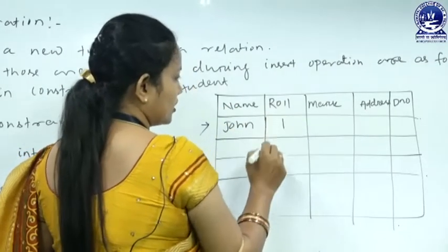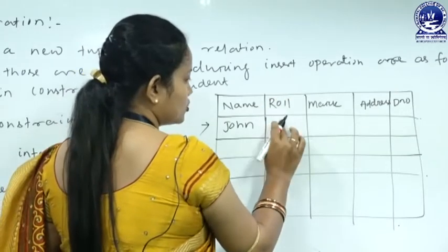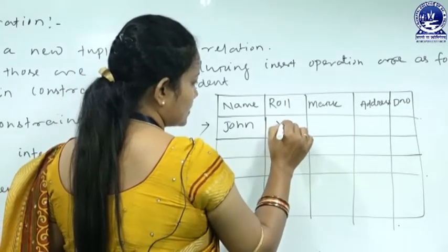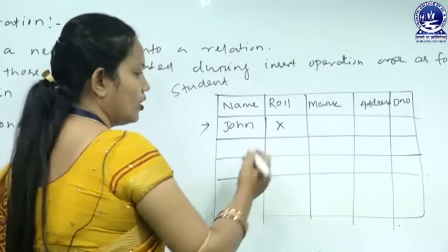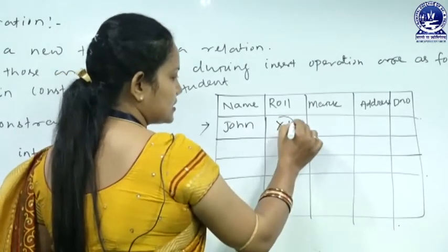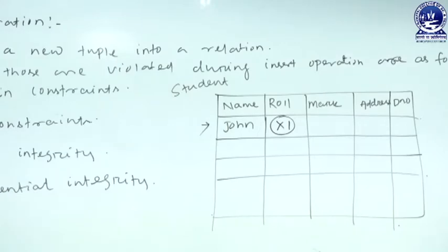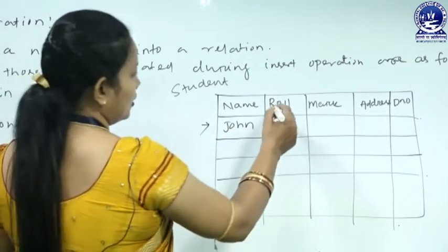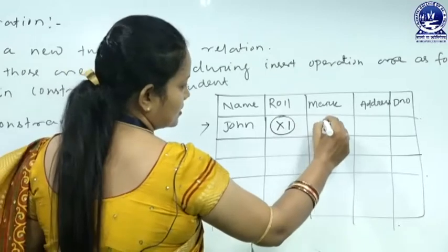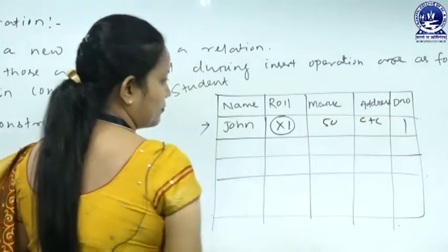Instead of putting roll 1, suppose I put the roll as Xi. So, this violates the domain constraint, because as we already discussed, if one of the attribute values provided for the new tuple is not of the specified attribute domain, then it violates the domain constraint. If I put the value John, roll Xi and mark is 50, address etc and department 1.